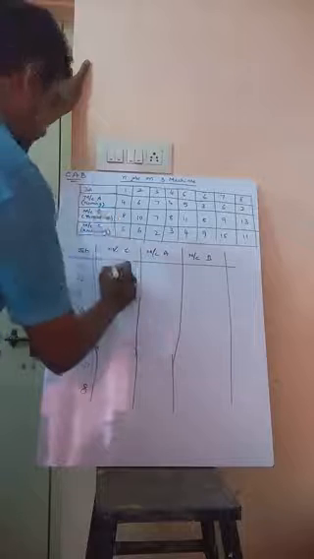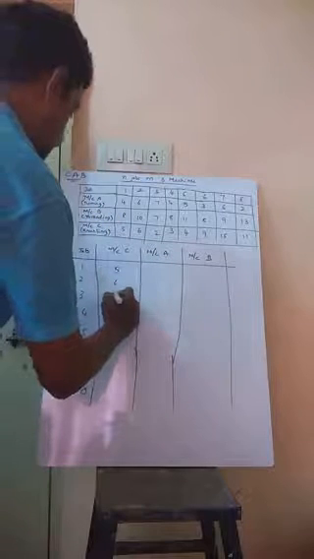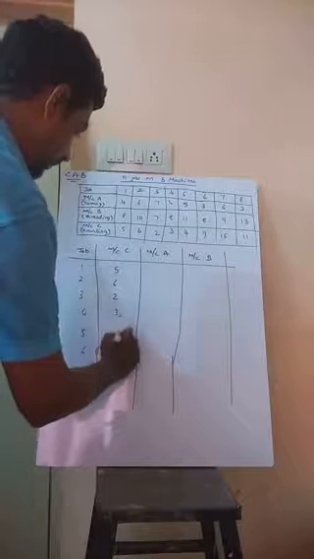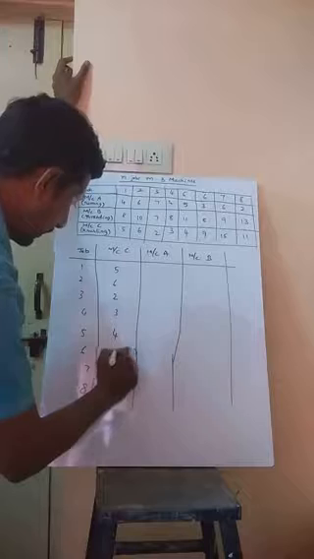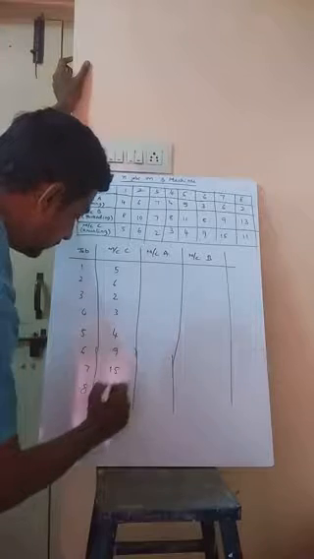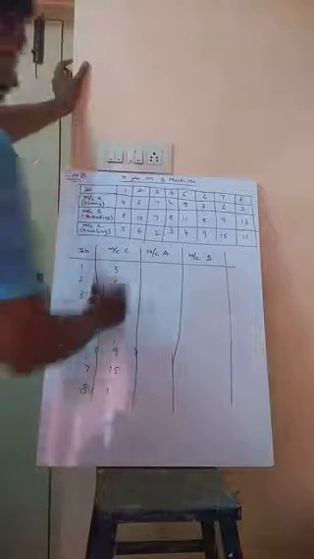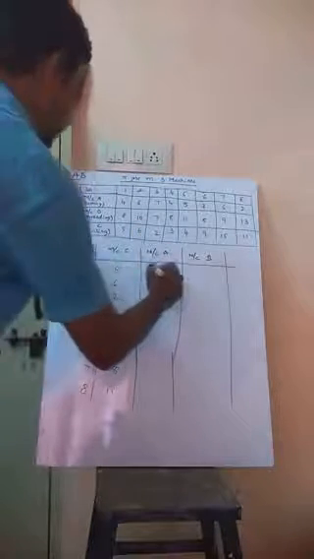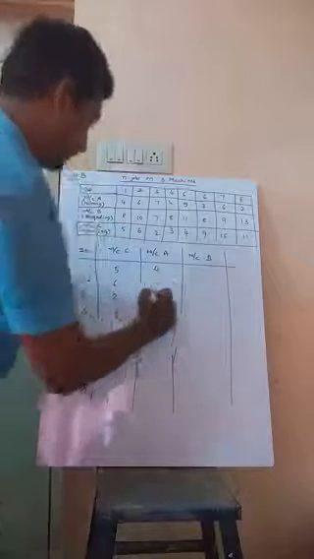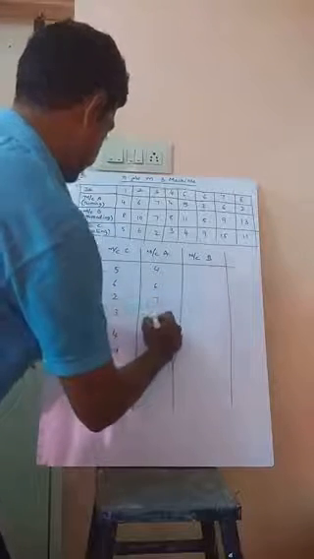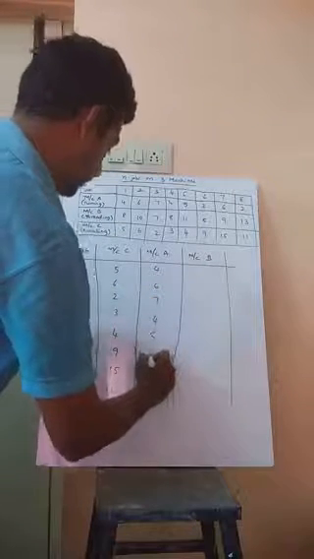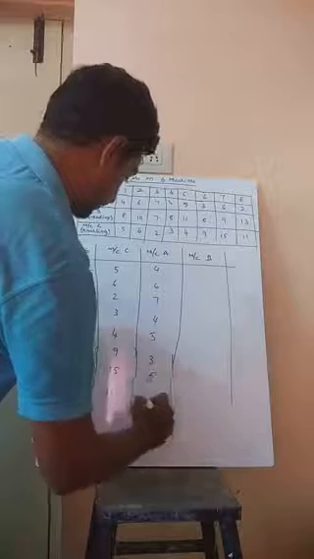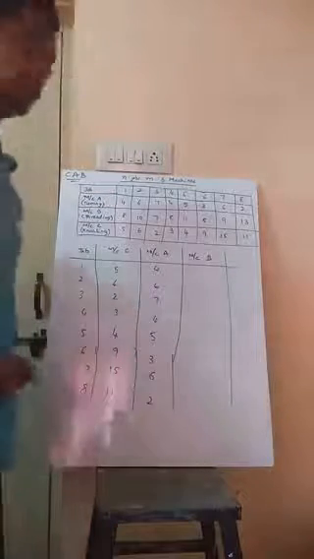Machine C has 5, 6, 2, 3, 4, 9, 15, 11. A: 4, 6, 7, 4, 5, 3, 6, 2.